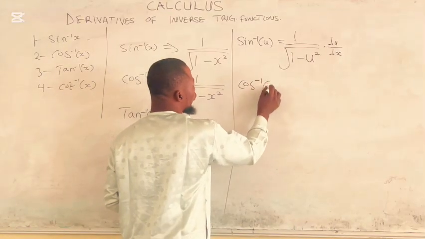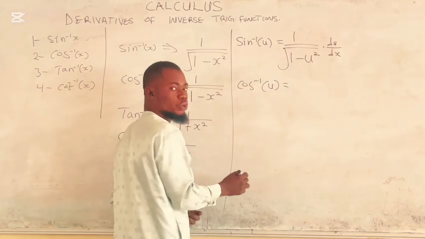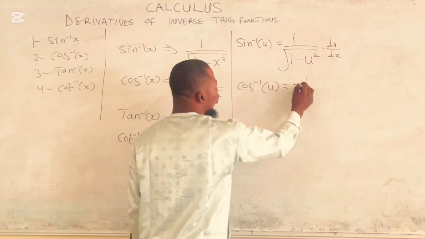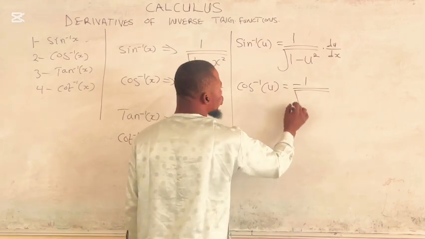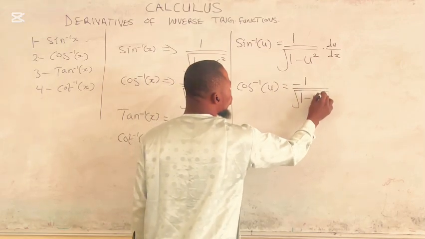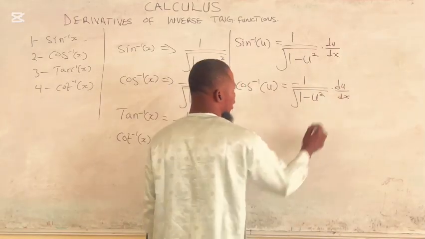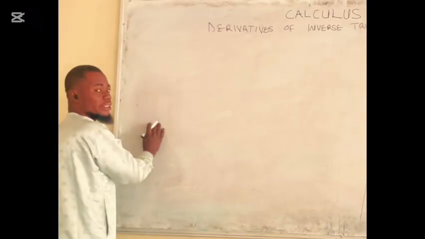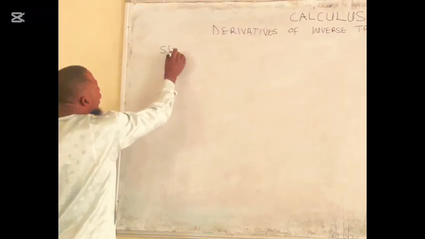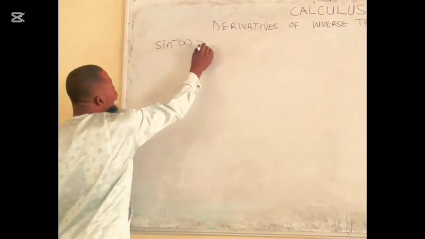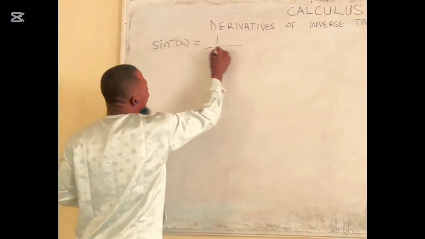The derivative of cos inverse of u is equal to minus 1 divided by the root of 1 minus u squared multiplied by du over dx.